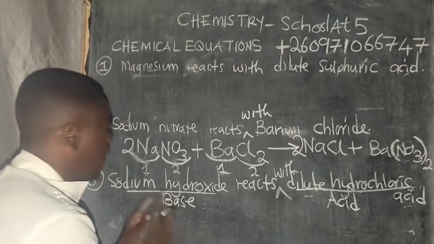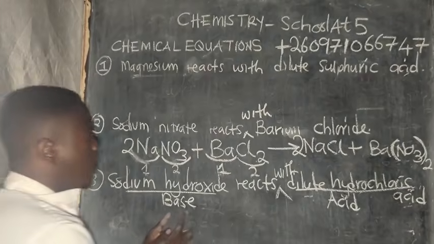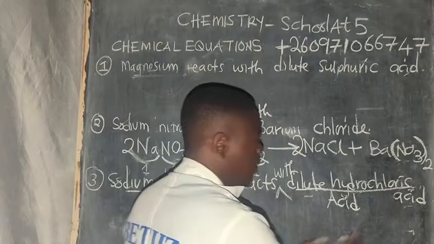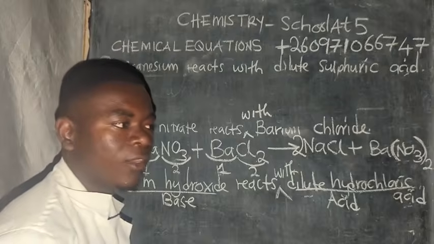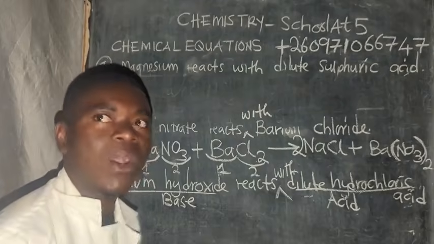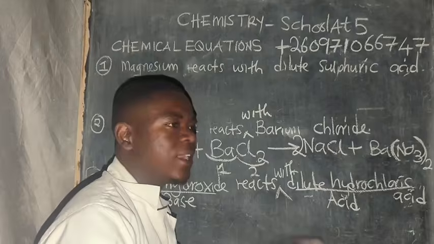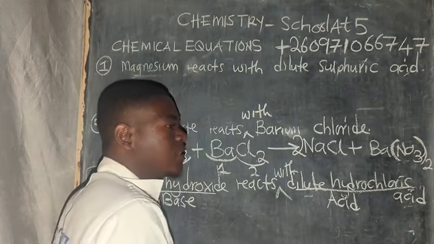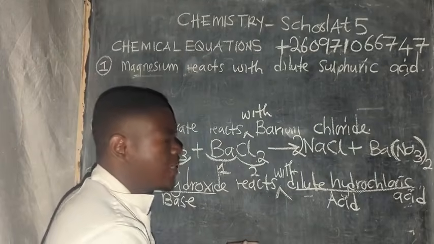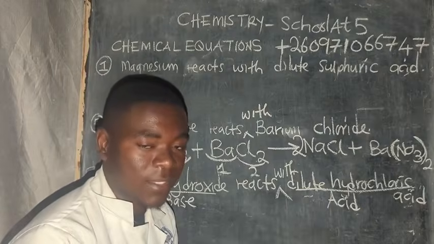So a reaction between a base and an acid is called a neutralization reaction. If a person asks you what a neutralization reaction is, it is a reaction between a base and an acid. Get this.